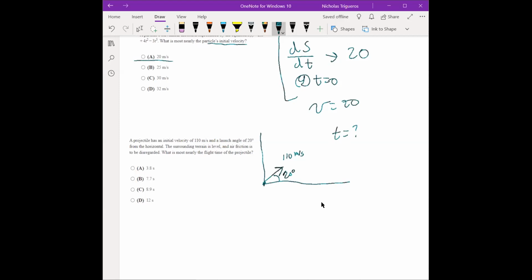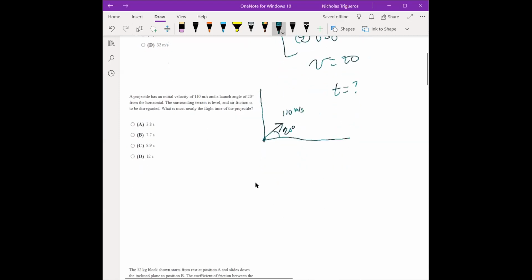How can we do this? We need to find out how long this ball is in the air, right? The x dimension won't help us with that, will it? The x velocity is going to be constant throughout this whole flight time.